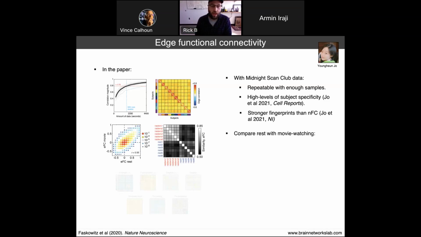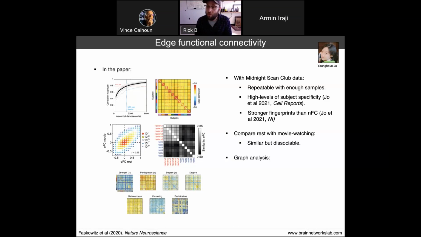We also showed that edge functional connectivity is subtly but systematically modulated by brain state. We compared rest with movie watching and found differences. In principle, if you were so inclined, you could carry out a network analysis, a graph theoretic analysis, on the edge matrix. You could calculate a degree, for instance, and you'd get a degree per edge. You could then embed that in a node by node matrix, so every edge gets its degree.